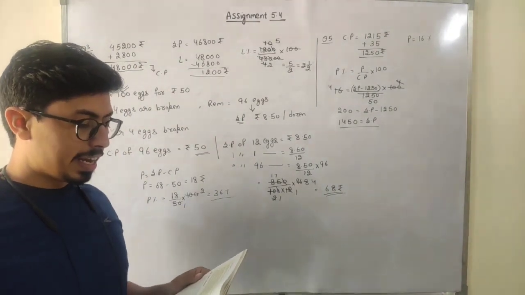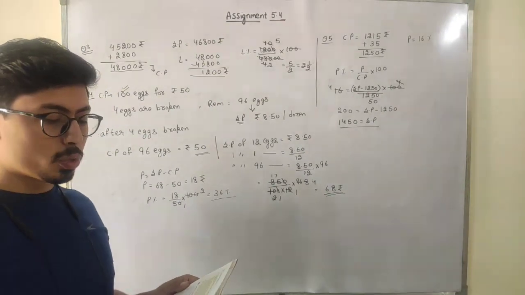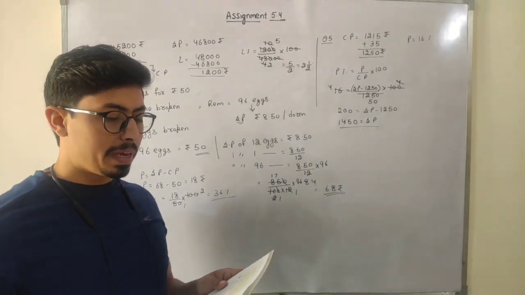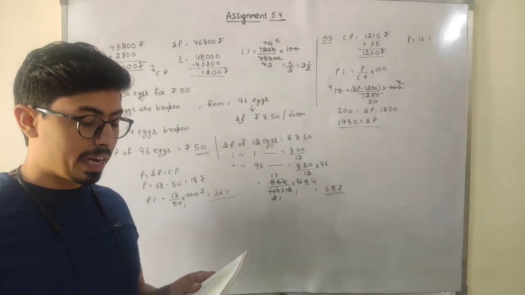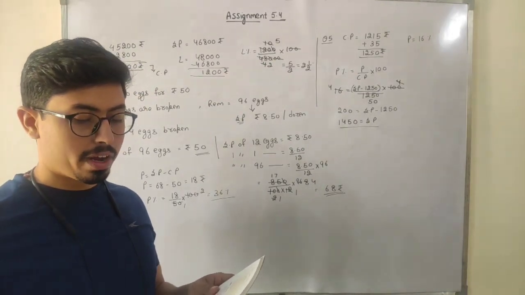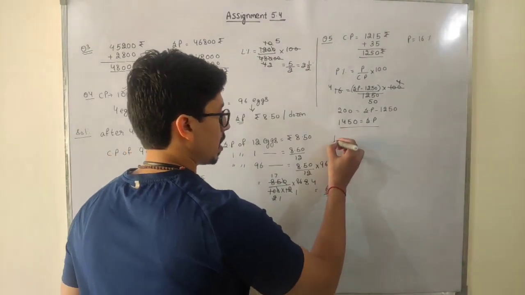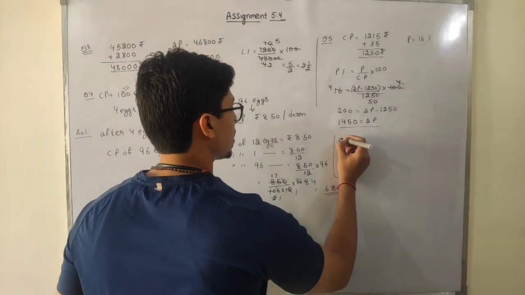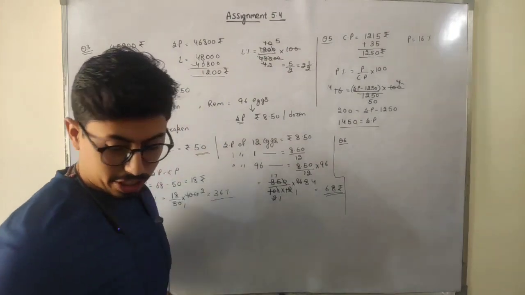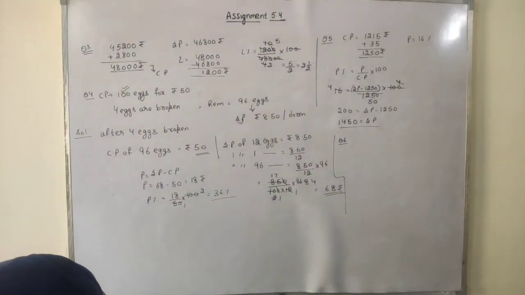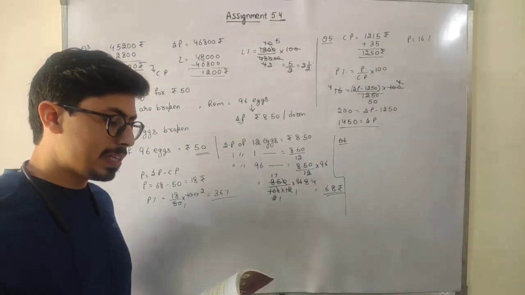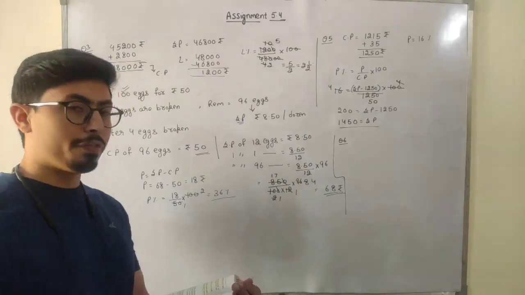Now see, in question number 7, students, a businessman makes a profit of 10% by selling a toy costing him rupees 120. Okay. See, a businessman makes a 10% profit.